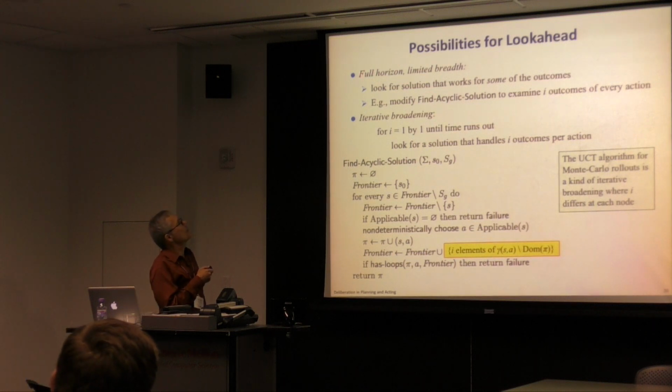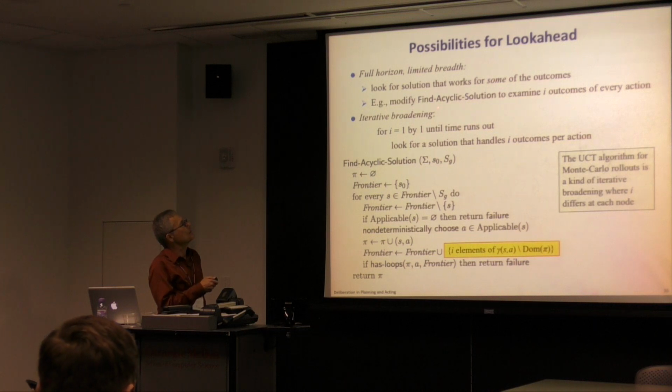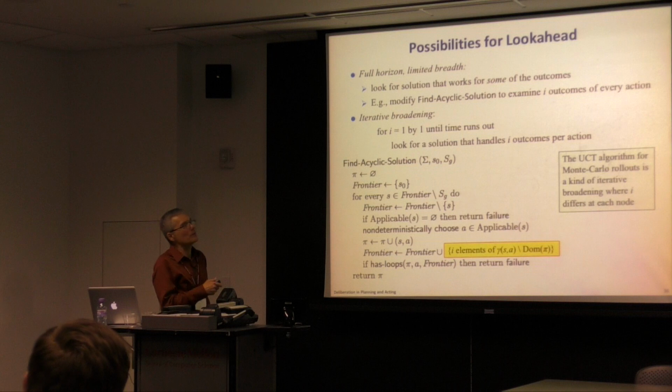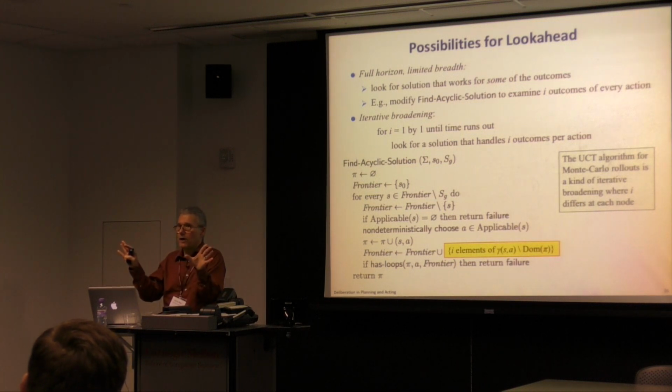Another possibility would be full horizon but limited breadth, where you look for a solution that works for some of the outcomes, so that you're maybe using something like find acyclic solution, but you're modifying it to examine not all of the outcomes of your actions, but only I of them.